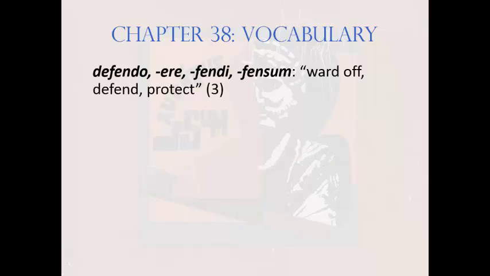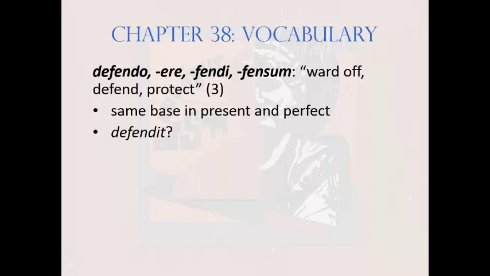Here's another verb, defendo, defendere, defendi, defensum, meaning ward off, defend, or protect. It's a third conjugation verb. Note that its base is the same in the present and perfect. And since it's also third, so its thematic vowel is i, some of its forms will look the same in these tenses. So what does defendit mean?